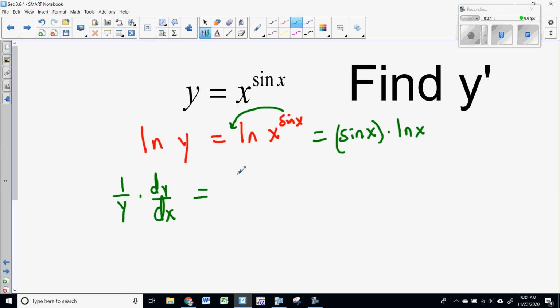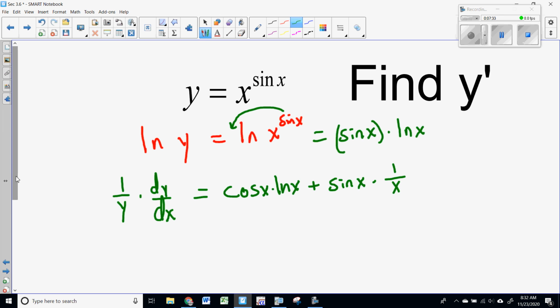Over here, I have to use a product rule. Derivative of the first is cosine of x times natural log of x. I forgot my x there with my cosine. Plus the first, sine of x, times the derivative of my second, which is 1 over x.